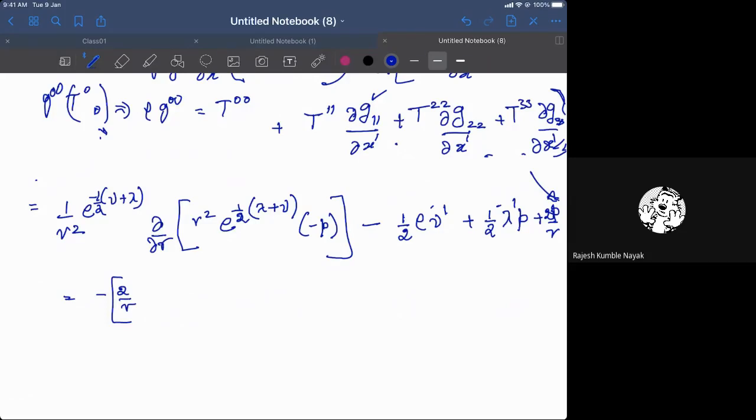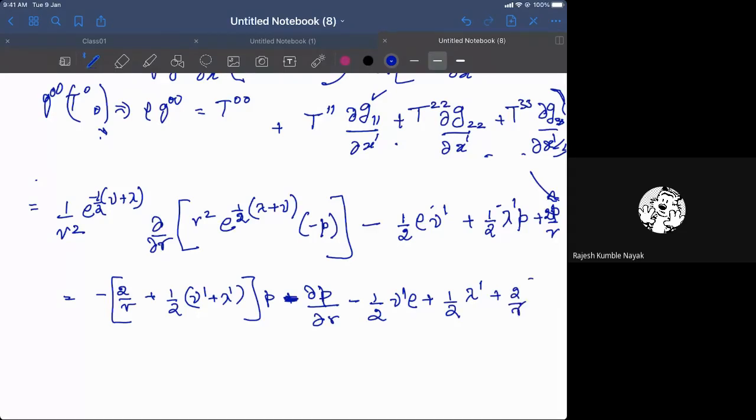There is a minus sign plus half nu prime plus lambda prime into p plus minus dp by dr, and then whole of these things, half nu prime rho plus half lambda prime plus 2r into p.